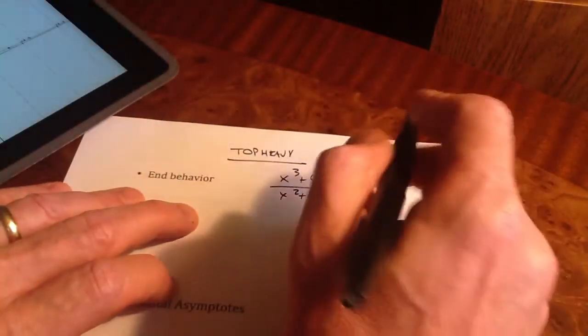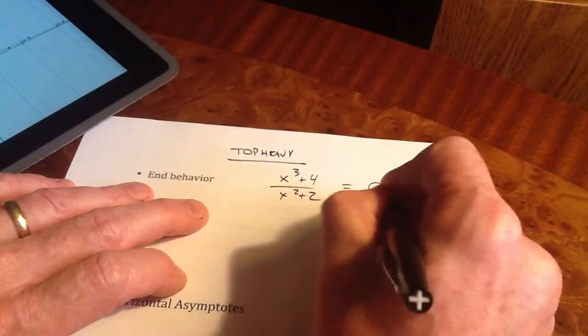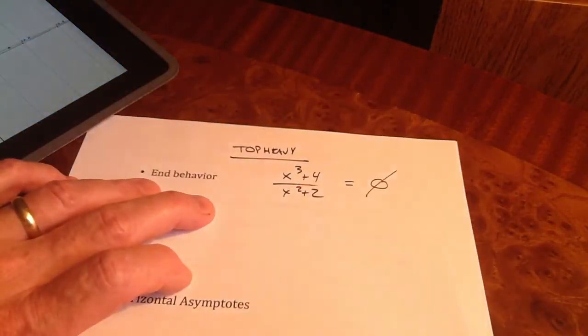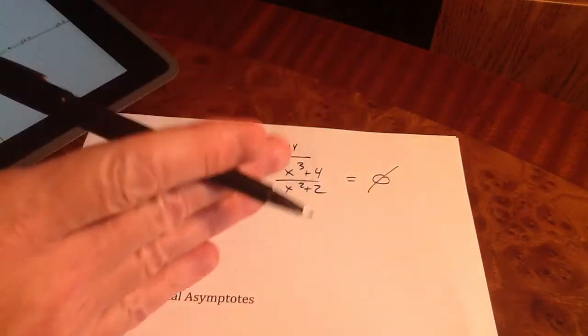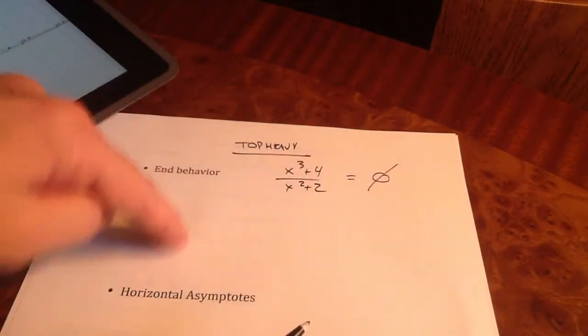In this case, there is no limit. It continues to infinity. There's no asymptote.